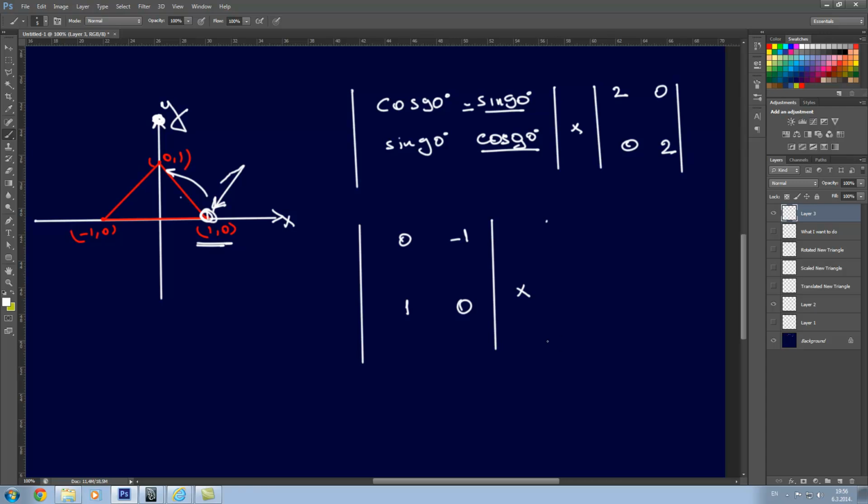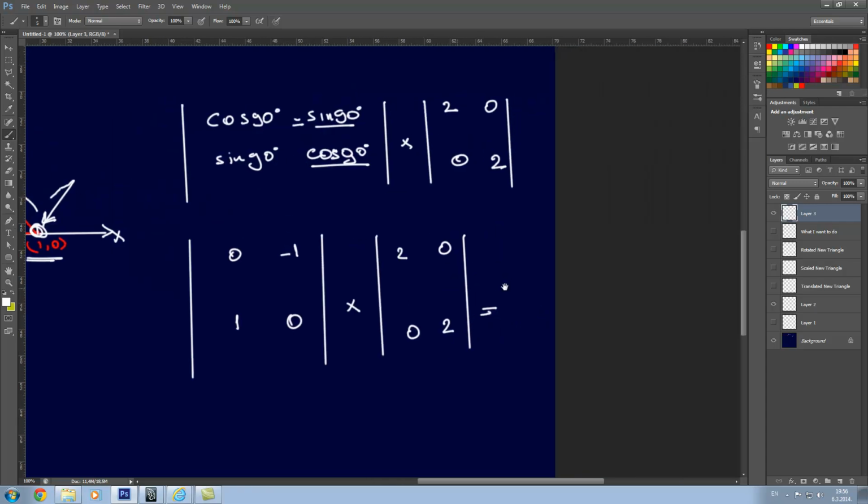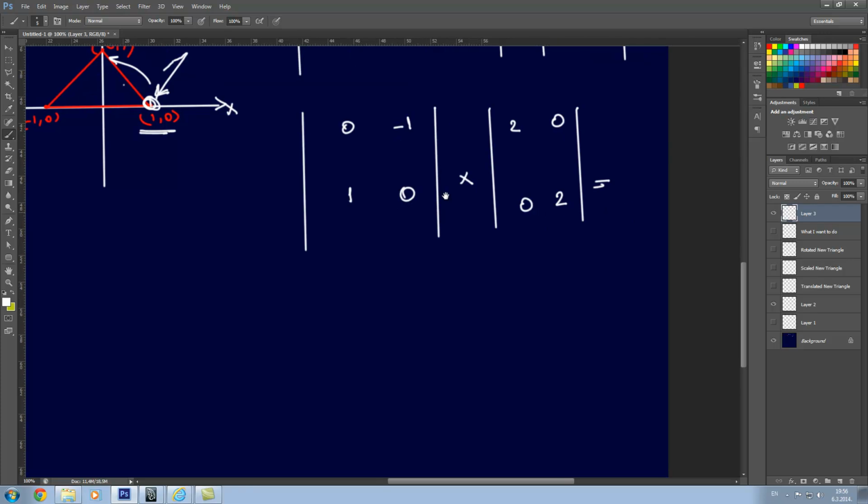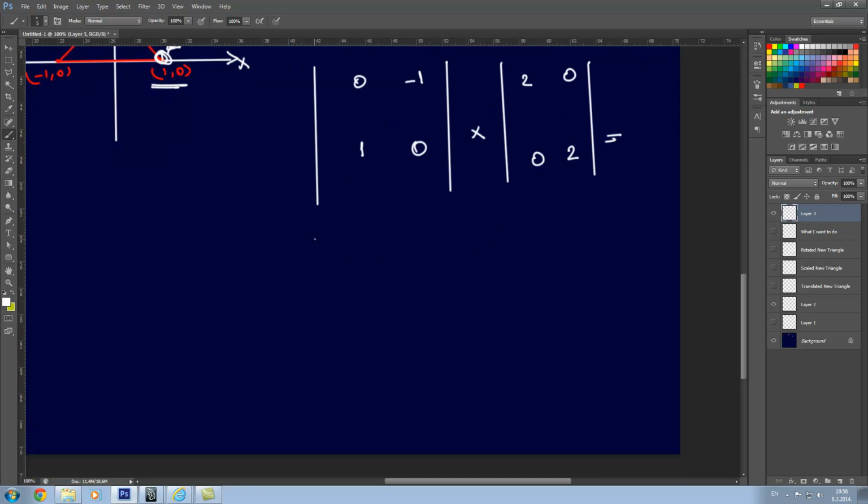Multiplying by this matrix, 2, 0, 0, and 2. Now, what would this resolve to? I ran out of space, so I'll move it. Multiplying two matrices, you get a new matrix.